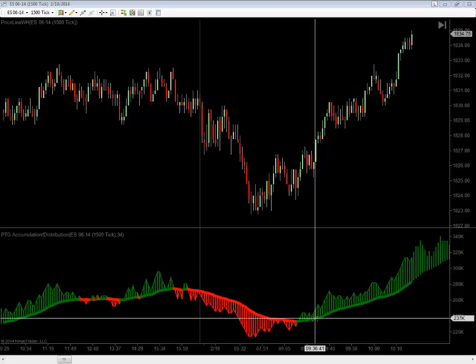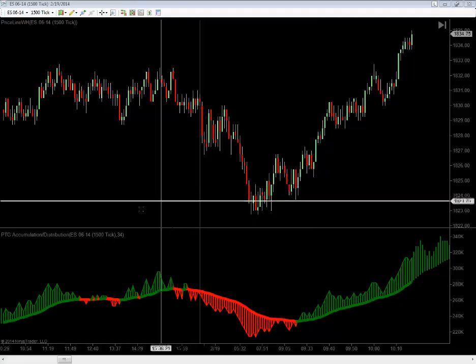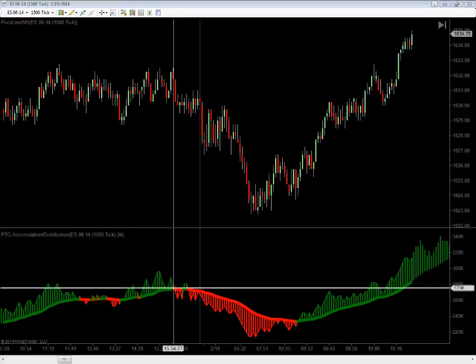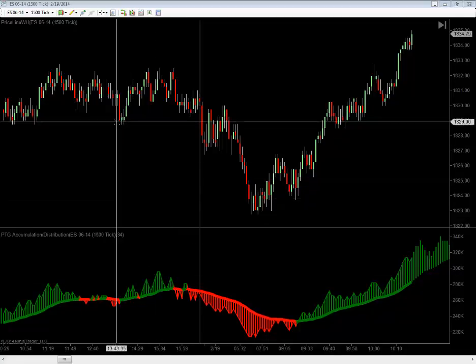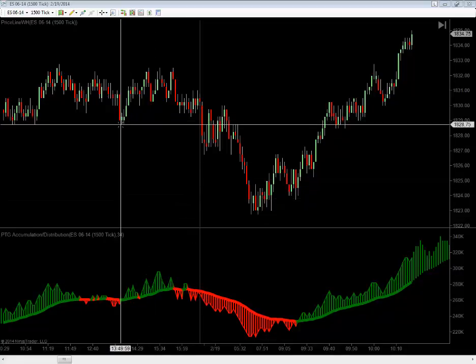This is a chart of the S&P E-mini futures on a 1500 tick. This will be the intraday session chart with the accumulation distribution indicator in the subgraph window. Now, normally, the accumulation distribution indicator, i.e. the cumulative net delta, coincides with price.